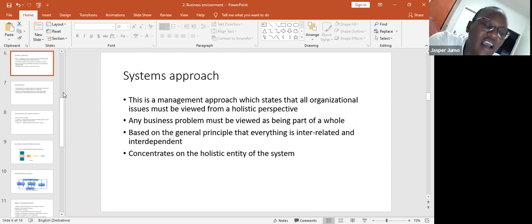All those things come together to make what we call a business. So this is a very simple approach to look at an organization, to say an organization is made up of subsystems which, when brought together, form a whole organization.